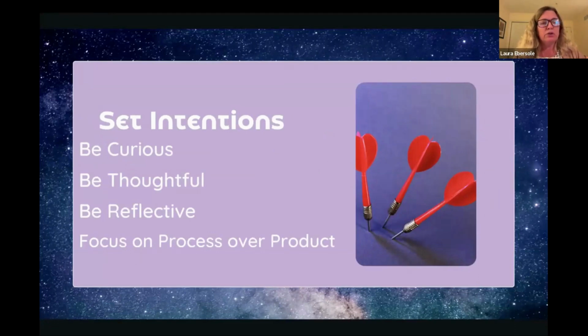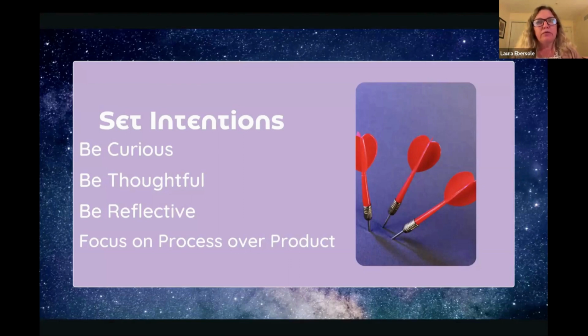Go out there, look at some of these sites, think about what's the value added for including AI into our world. Be thoughtful. Think about why you're using AI. You don't just pick up a tool and use it without knowing why. So think about what your intention is and what you're doing.